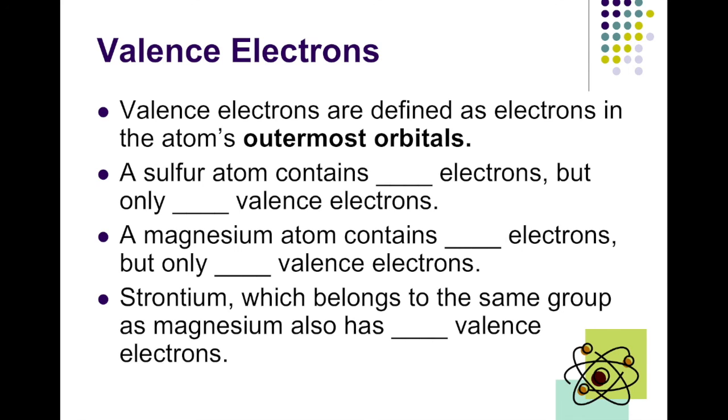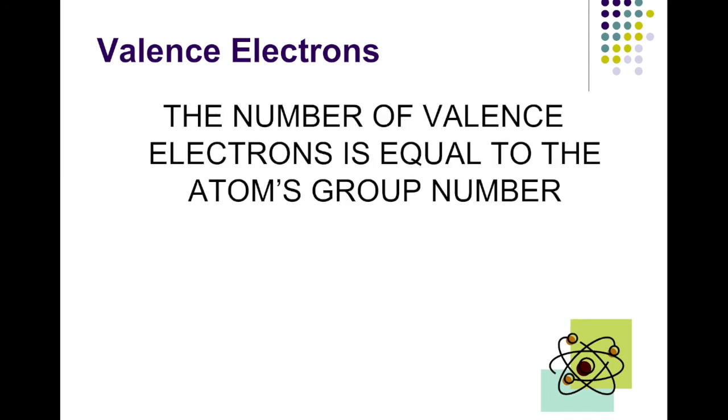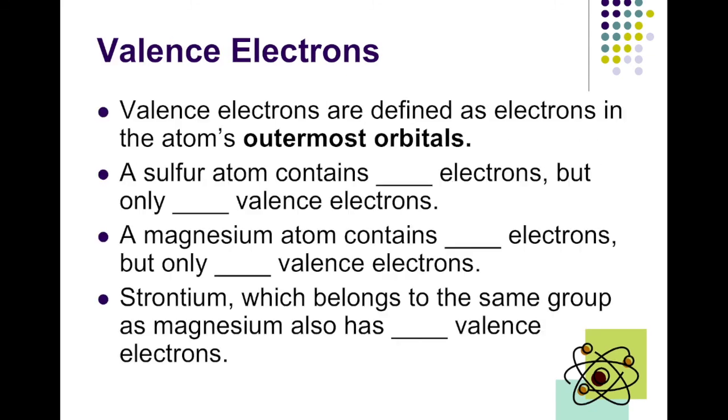So you should have gotten that the number of valence electrons is equal to the atom's group number. So that helps you out with these, where a sulfur atom contains 16 electrons, but it only has 6 valence electrons.